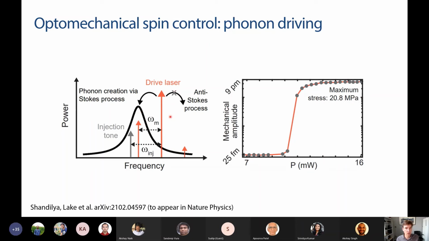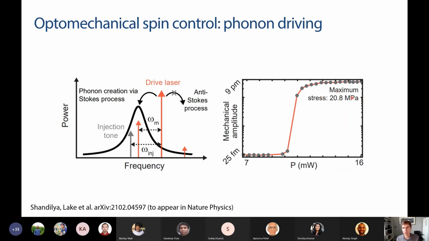And we do this by turning on our laser at telecom wavelengths input to our cavity in a way that's blue detuned by the mechanical frequency relative to our optical cavity. And this, in a manner very analogous to laser cooling, excites the device into self-oscillations, whereas as we turn up the power in our drive laser, our mechanical motion goes from being very small to several orders of magnitude larger, in a way that's analogous to phonon lasing.